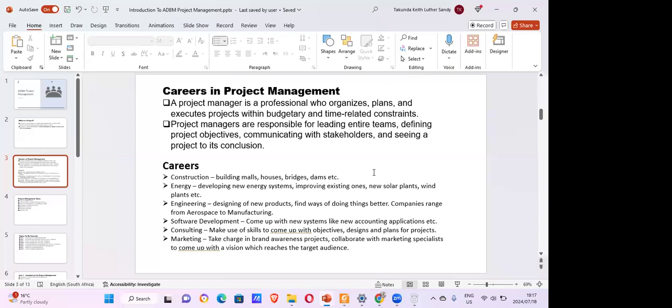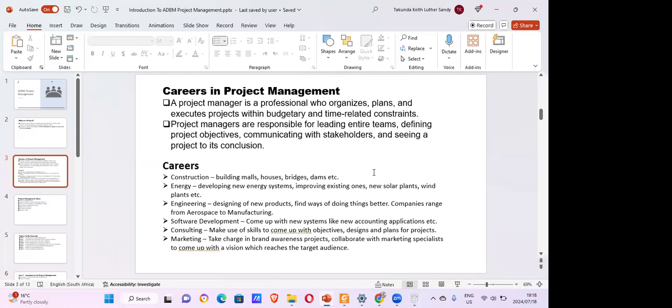Whereby you'll be working maybe for an engineering company that is designing new products or new services or new systems, all right? You can have a career also in consulting. You can have a career in marketing. All those are different sectors that a person with project management can be in, all right?